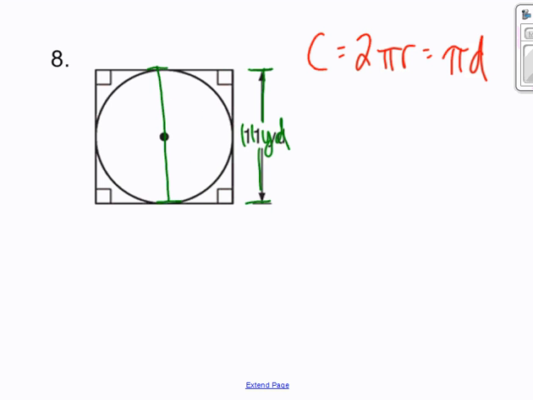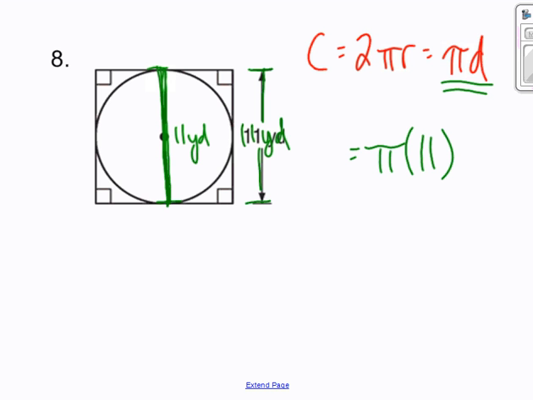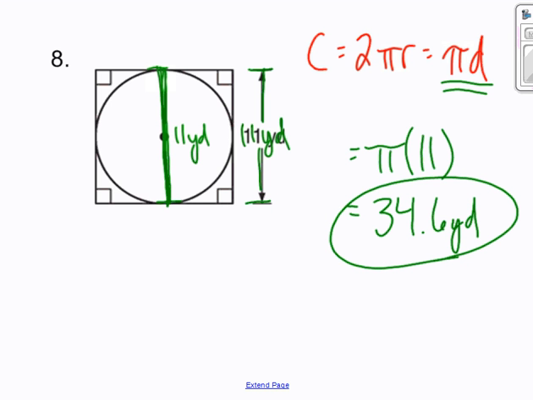It lands right on the diameter. So this is 11 as well, 11 yards. So I'm going to use that same formula for circumference like I did on the last one and plug in my diameter of 11 yards. And when I type that in, I get 34.6 yards. And that is work with chords and circles.